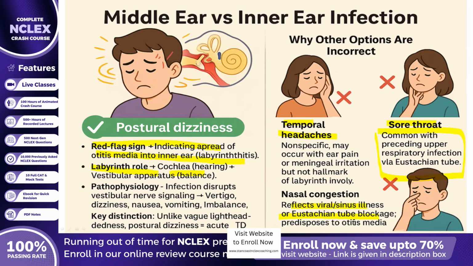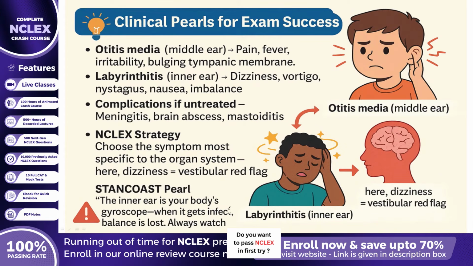Here are a few clinical pearls to keep in mind for exam success. Middle ear infection, or otitis media, commonly presents with pain, fever, irritability, and a bulging tympanic membrane. In contrast, inner ear infection, or labyrinthitis, produces dizziness, vertigo, nystagmus, nausea, vomiting, and imbalance. If untreated, these infections can extend intracranially, leading to dangerous complications like meningitis, brain abscess, or mastoiditis.